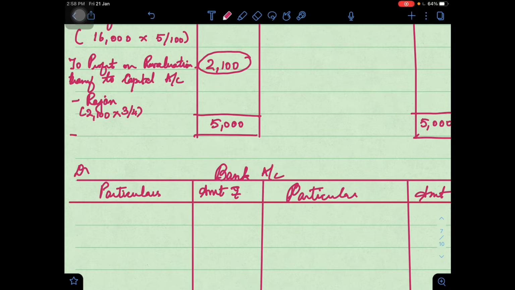And the next partner, Selva, will get 2,100 into 1 by 4. So when you calculate, you will be getting 1,515 for the first, and for the next partner it will be 500.